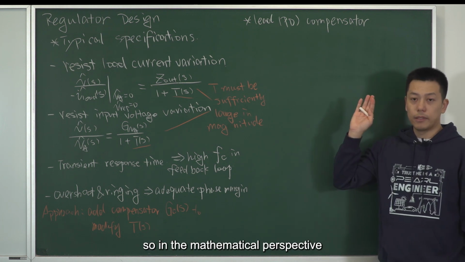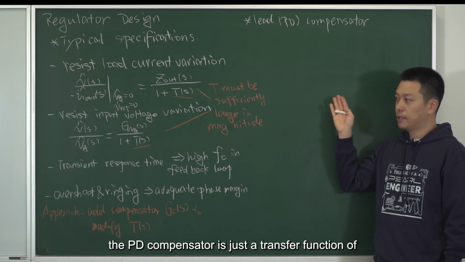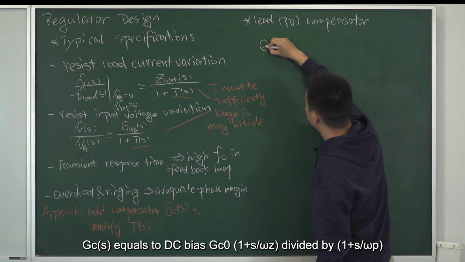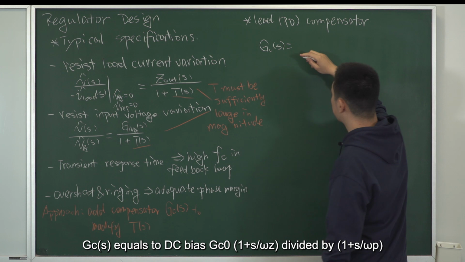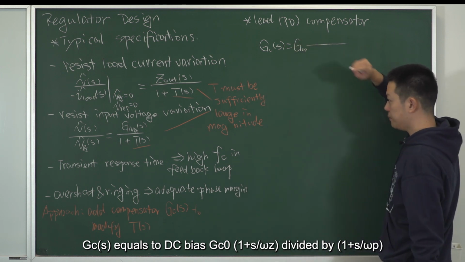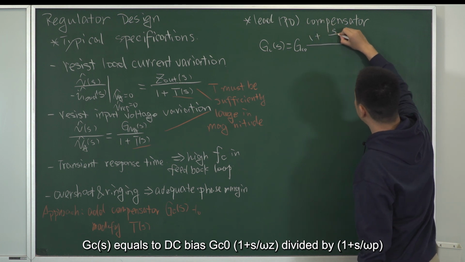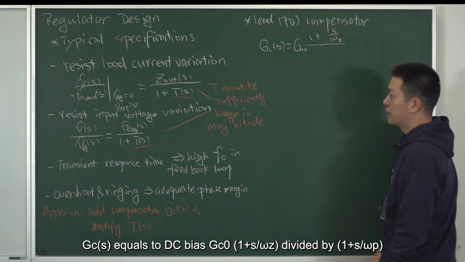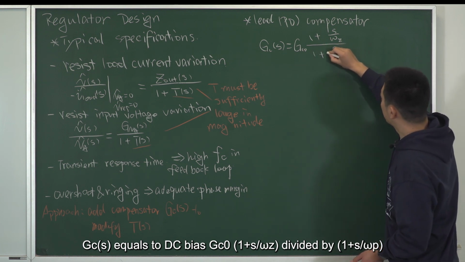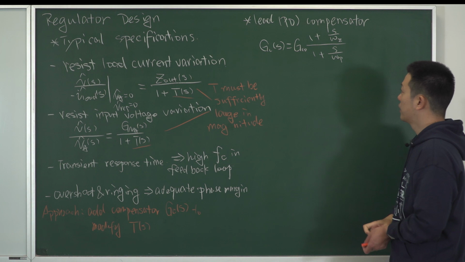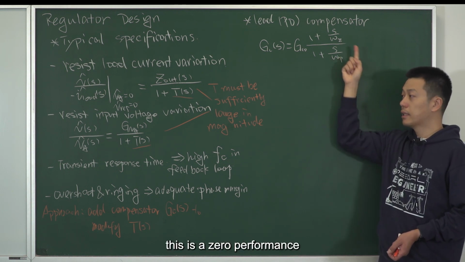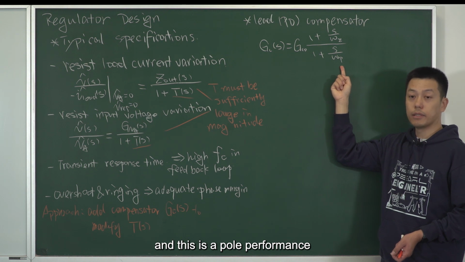So from the mathematical perspective, the PD compensator is just a transfer function G_c(s) equal to the DC gain G_c0 times 1 plus s over omega_z, divided by 1 plus s over omega_p. So you will see that this is a zero and this is a pole.